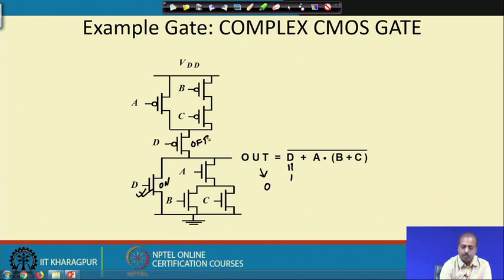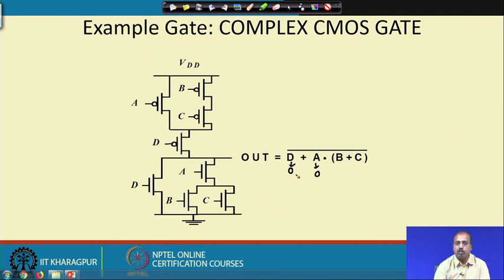As a result, we cannot have a current flow path from VDD, the supply voltage, to the output, whereas from output to ground there is a connection via this transistor. So, the output will become equal to 0. For getting output equal to 1, this term should be equal to 0 and this whole term should be equal to 0, and for that purpose it is sufficient to put A equal to 0.